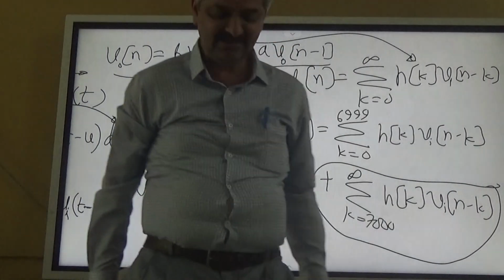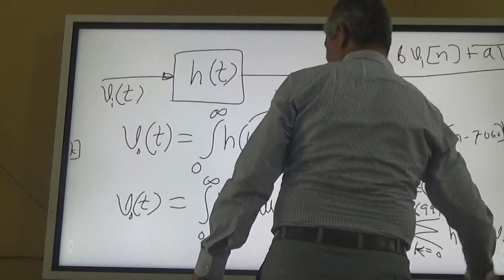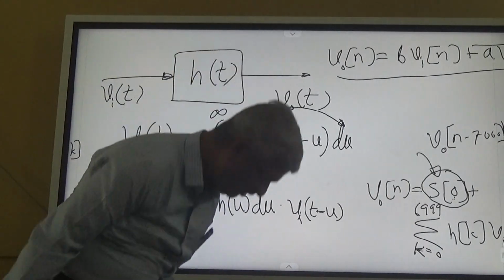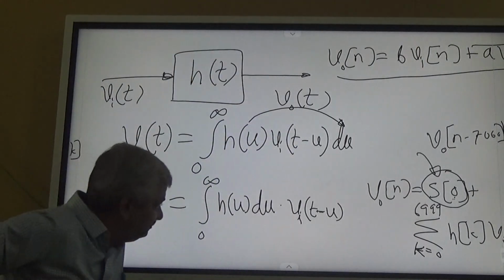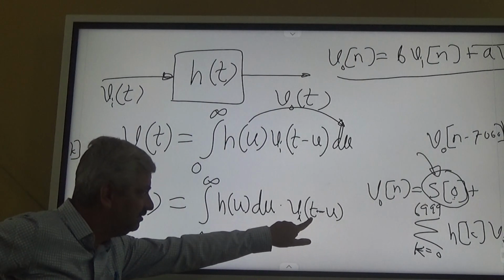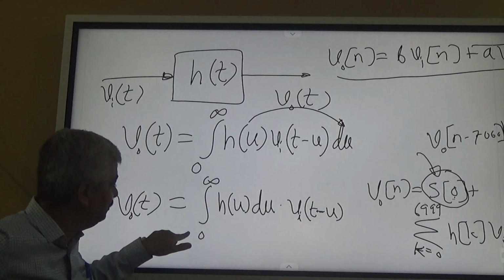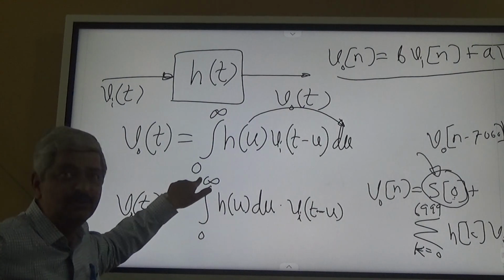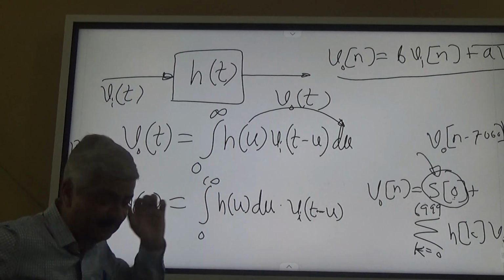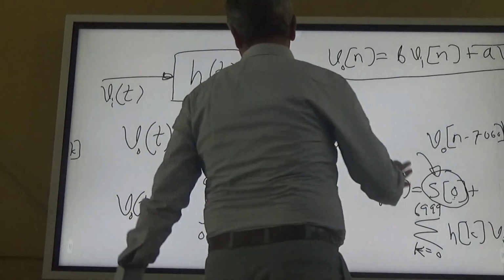Now, when I come here, focus on this equation. The input u is a variable which will go from 0 to infinity. Now, how can I segregate it?